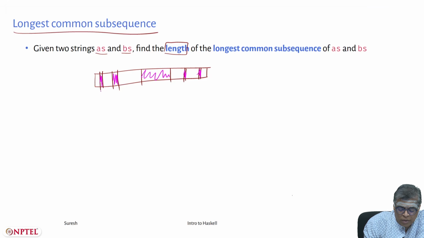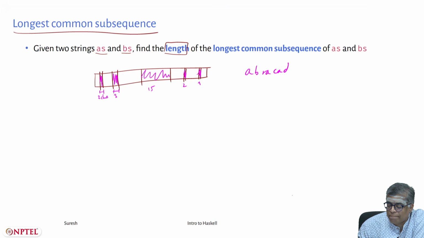Maybe there are two characters here, 3, maybe 15 here, 2, 1. I will take all these in order. That's a subsequence. So maybe B A A D R A. That's a subsequence because I took here, here, here, here, here, and here.